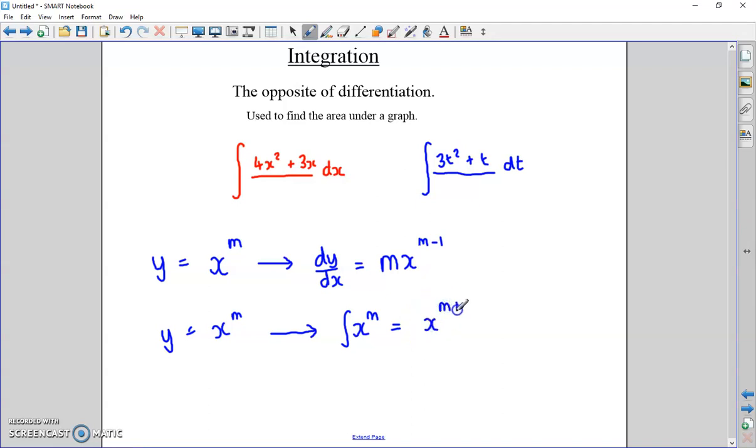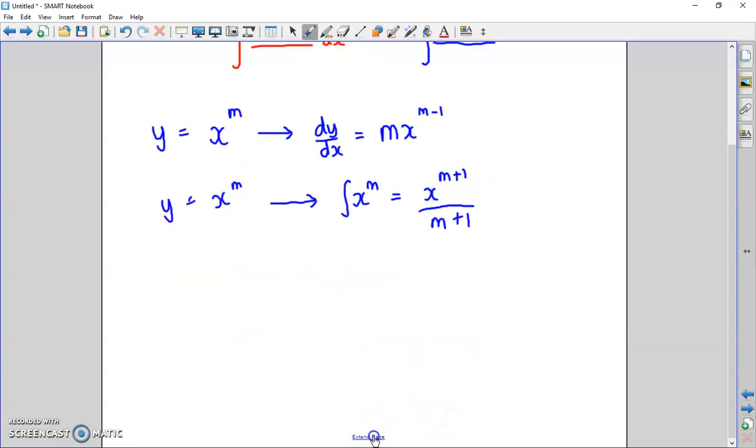You would increase the power by 1 and divide by that new power. Okay, so if you want some really simple examples, if I have to integrate x squared with respect to x, my answer would be increase the power by 1, so it goes up to 3, and then divide by 3. Okay, you could write that as a third times x cubed if you wanted, but it's probably easier just to write it as over 3.